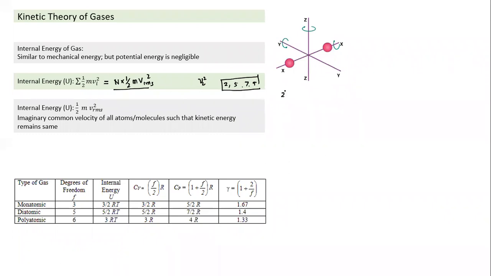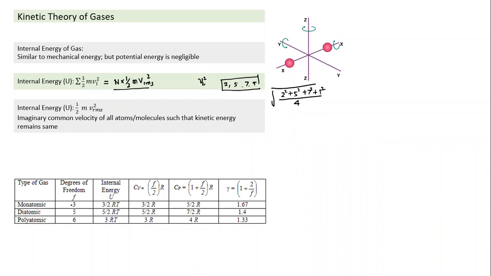Square is 2 square plus 5 square plus 7 square plus 9 square. If I divide by the total number of molecules, it becomes the mean, and the square root of that is my v RMS. This is a way to calculate v RMS from individual velocities, an imaginary common velocity.